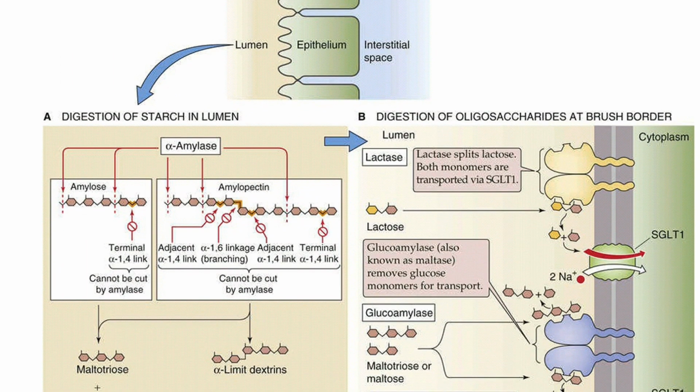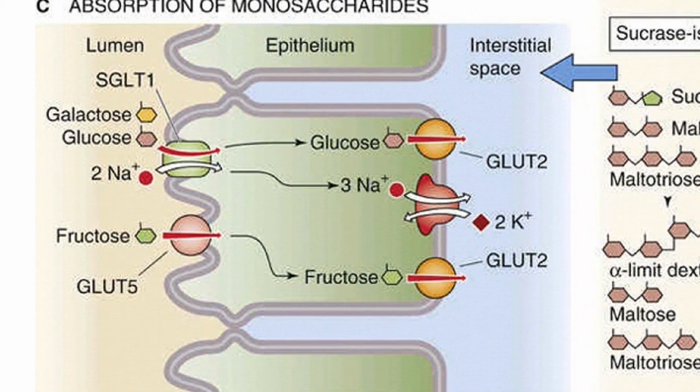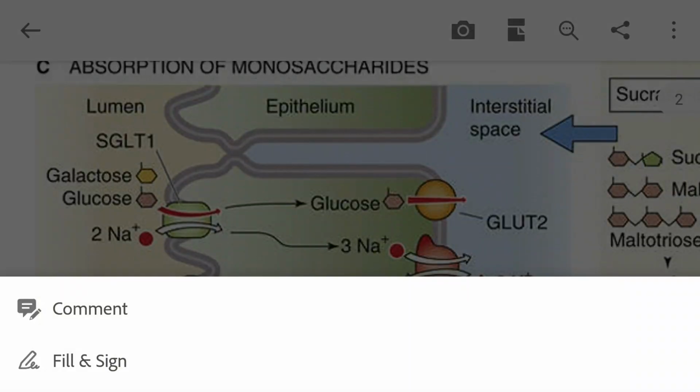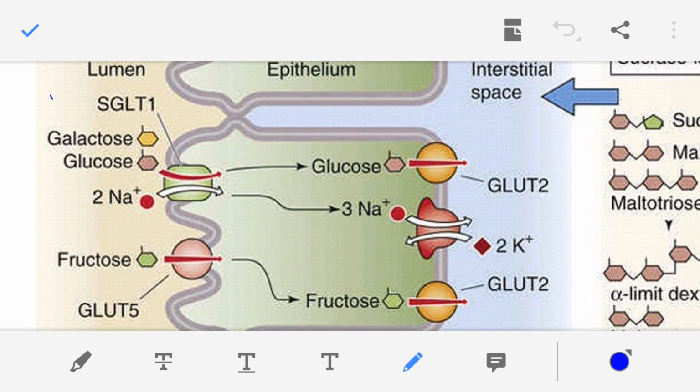Now here in the figure, as you can see, I am showing you the lumen of the intestine, this one is the lumen of the small intestine. When the carbohydrates are completely digested, the digestion of carbohydrate yields glucose, galactose and fructose.